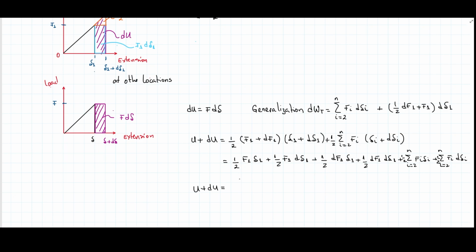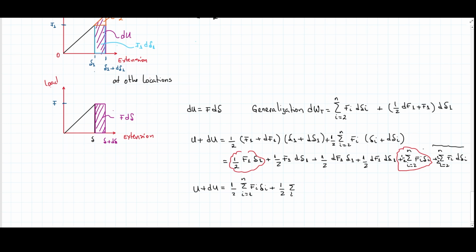Then I see how this term here is pretty similar to this term here, so I could collect them and say we're going to have 1/2 of the sum from i equals 1 to n of all of that. Then I could bring this one here, plus 1/2 of the sum of all these terms.